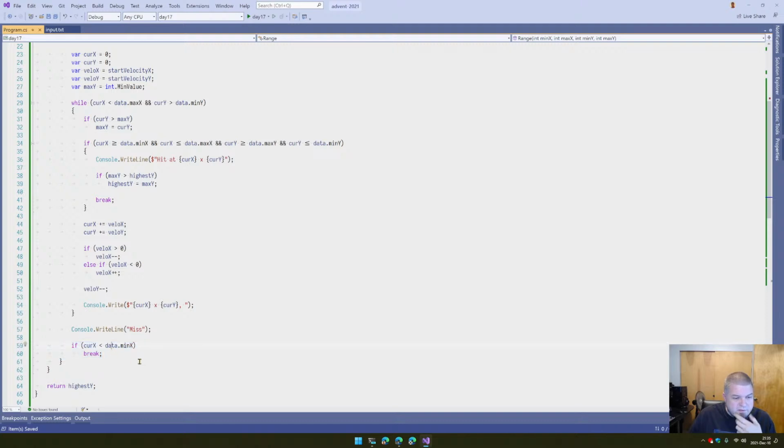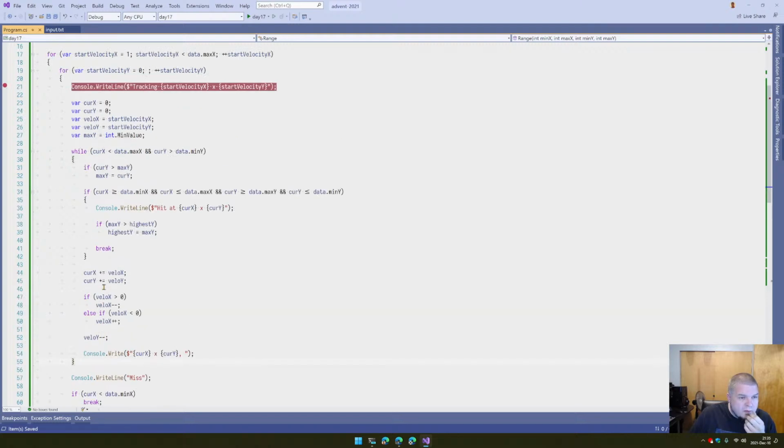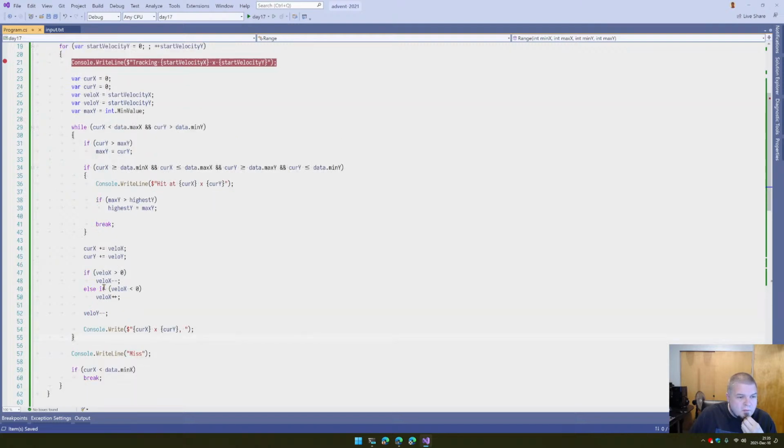I'm not sure about this check anymore. Like we can also say this, if the highest is equal to max y, then you can break again. Does that mean we had a hit?